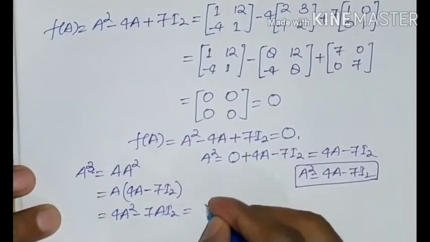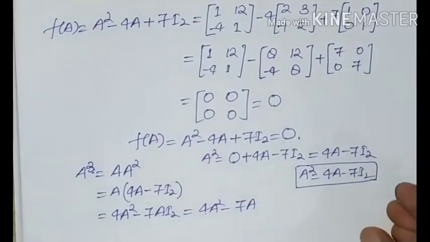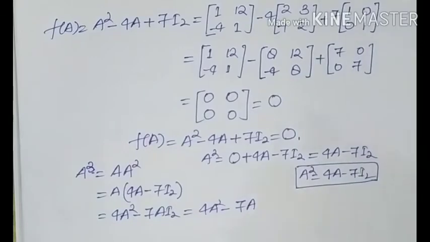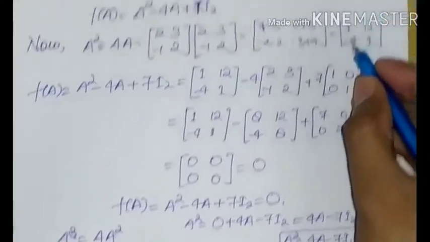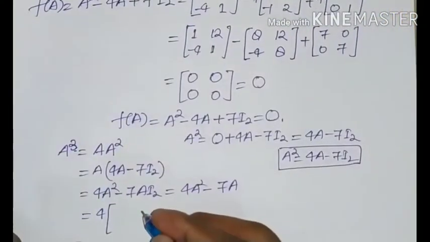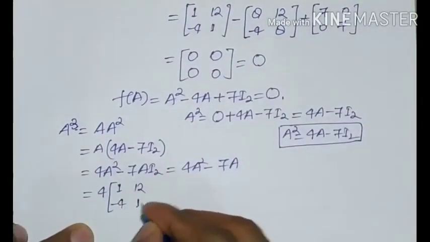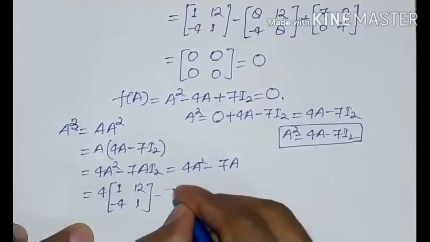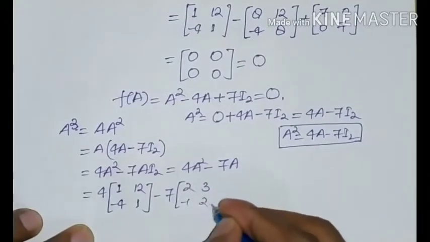Since A into I2 is A, this is 4A squared minus 7A. Then 4 times the value of A squared, [1 12; -4 1], minus 7 times A, [2 3; -1 2].